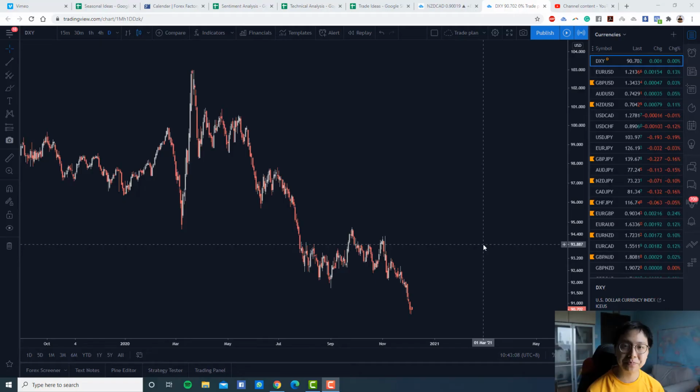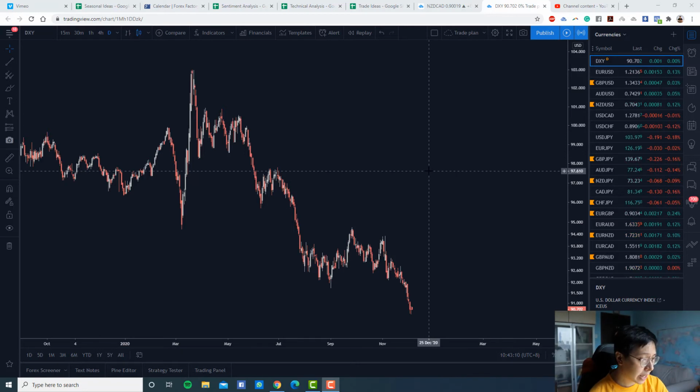I'm going to go into the chart to show you how to pull, use and utilize the Fibonacci expansion, and implement some of these concepts together as part of your trading strategy. So with that, let's dive straight into the technical charts. Again, I'm using TradingView over here.